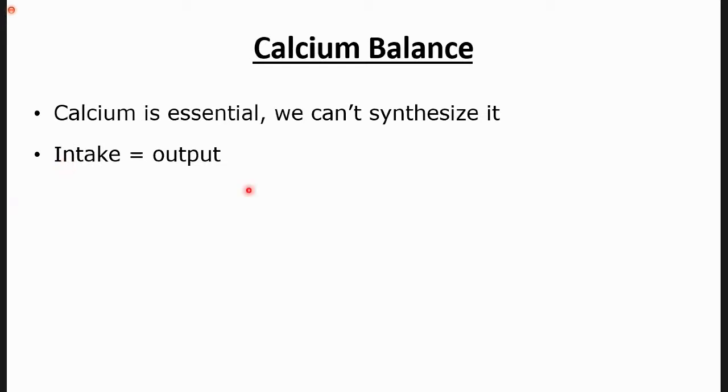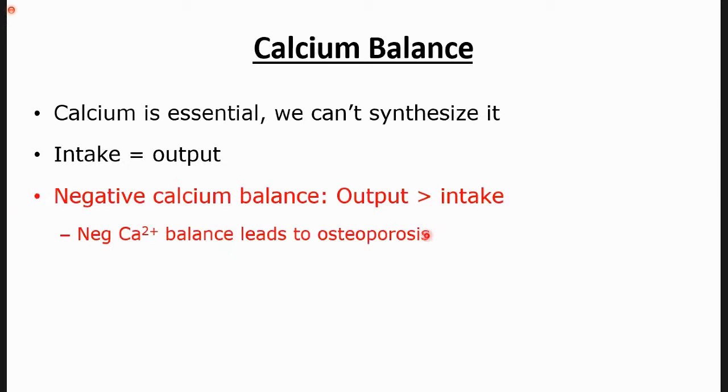On the basis of this, we can have two conditions. We can have negative calcium balance, in which the output is greater than the intake, and that can lead to osteoporosis. If someone is losing calcium through urine and is not taking in the same amount or a greater amount, they may suffer from osteoporosis. There are various reasons, and we're not going into detail at this point. What you remember here is that calcium balance can be negative or positive.